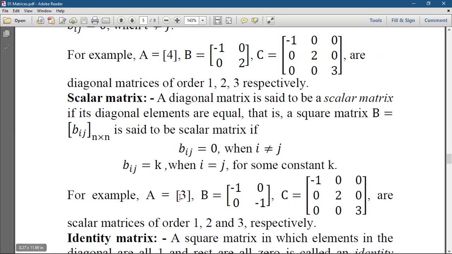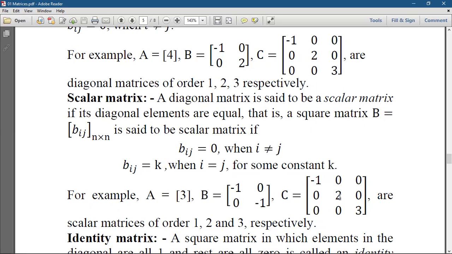For example, A = [3]. Here only one diagonal element is there, so nothing to worry about. But B = [-1 0; 0 -1] has the same diagonal elements, so it is a scalar matrix. But for C, here -1, 2, 3 are there, so this is not a scalar matrix. This is a diagonal matrix but not a scalar matrix.